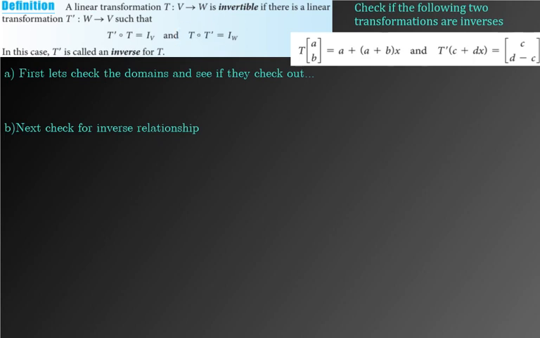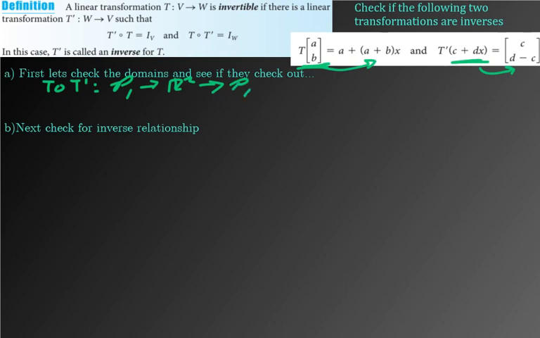So if we do T composed with T prime, the way you can think about this is it's starting here in P1, it's going to R2, and then we go here, and now we're in the domain of T, and we go back to P1.